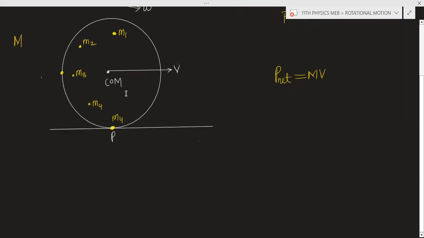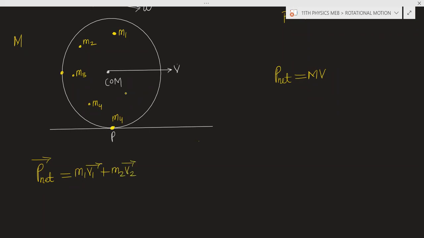Linear momentum is represented by P. So P net of this body will be m1 v1, the velocity of mass m1, plus m2 v2 plus m3 v3 and so on.